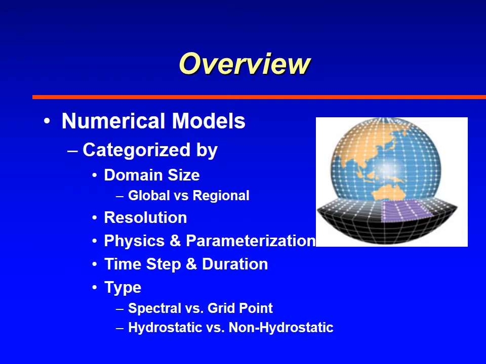And then how far out does it go? Does it go out to 3 days, 10 days, 14 days? And then the types are a little bit complicated. They deal with some of the physics and also how the model handles weather features. Is it on a grid or is it in the form of a wave?